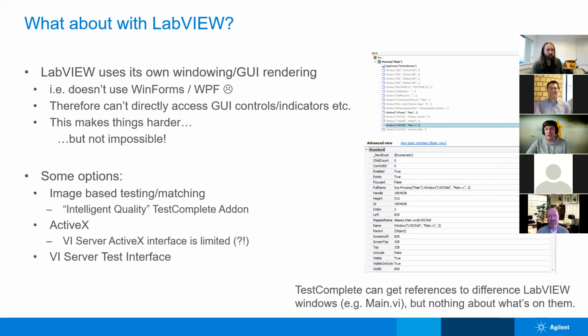I think you can just about get the values of controls, but unless we've missed something, it seemed to be quite difficult to get the information that we wanted out of it. So we came up with this VI Server test interface. This was adding a VI onto our block diagram that can get us the information that we want out of our application, and then send that back to TestComplete.